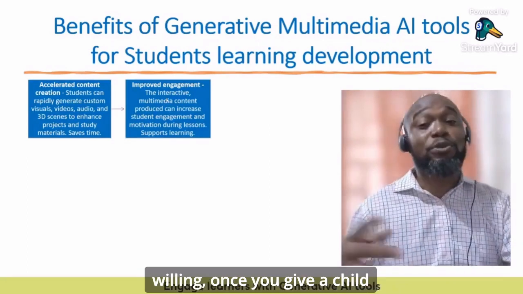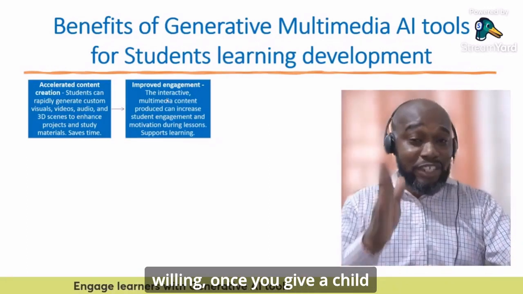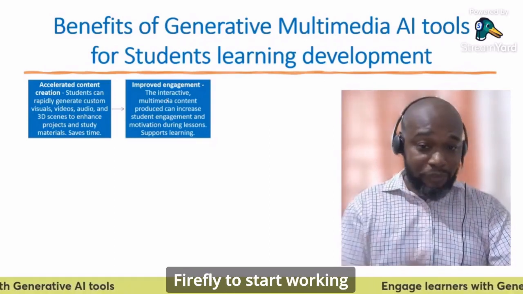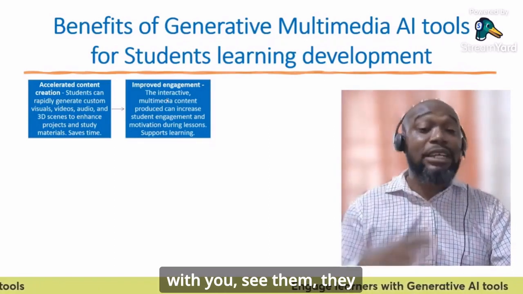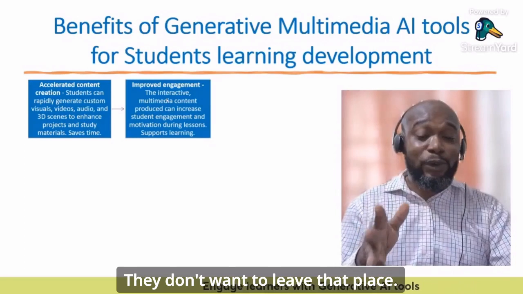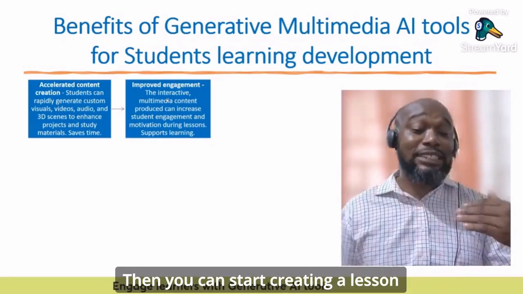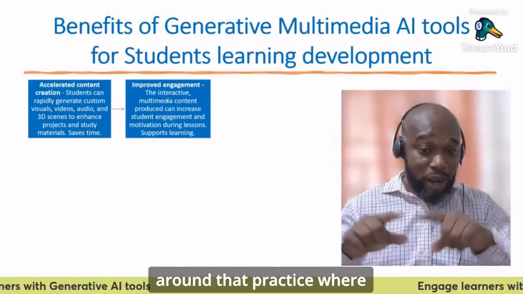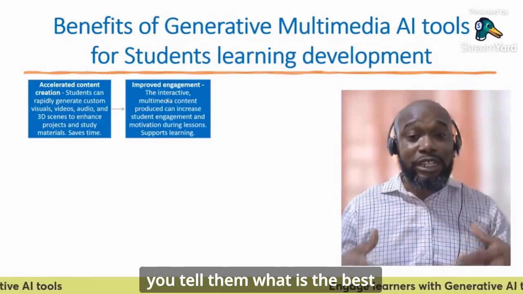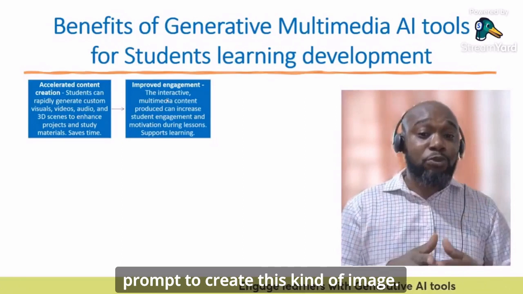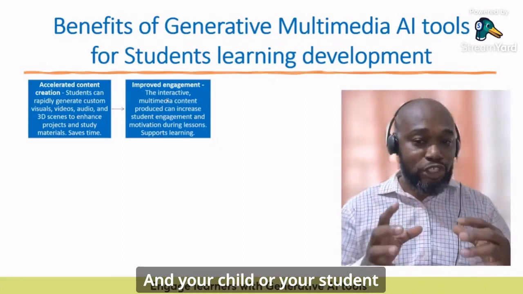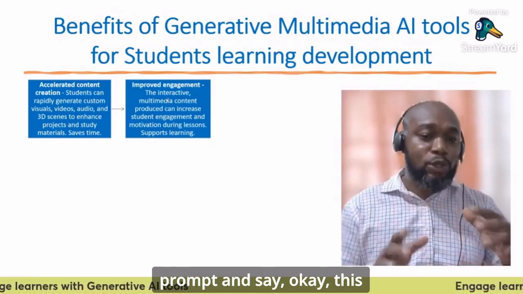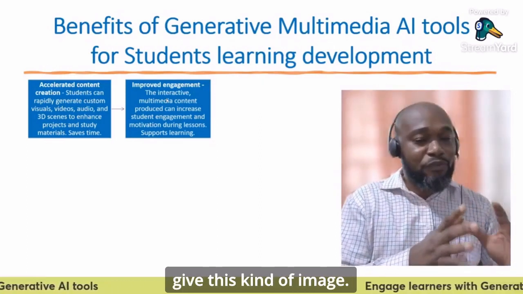Once you give a child any of these, maybe DALL-E or Adobe Firefly, to start working with, you see them, they don't want to leave that place. Then you can start creating a lesson plan around that task or practice, where you tell them what is the best prompt to create this kind of image, and your student quickly goes online and types a prompt and says, okay, this is the best prompt to give this kind of image, and this is why.